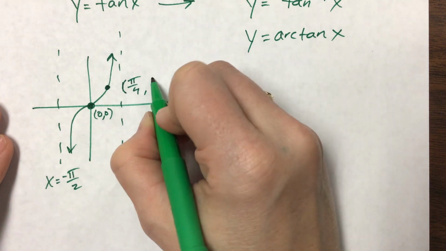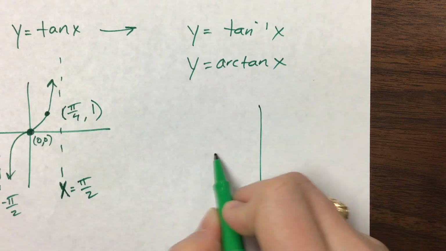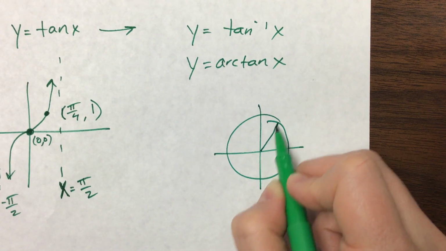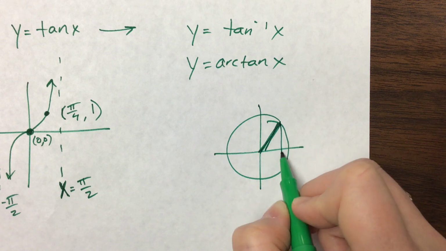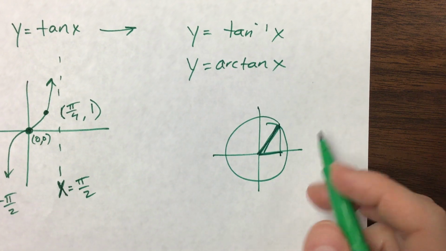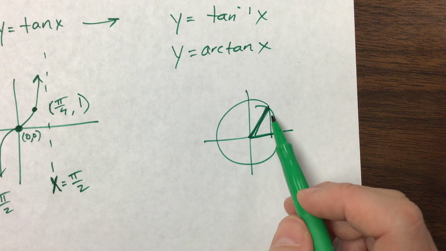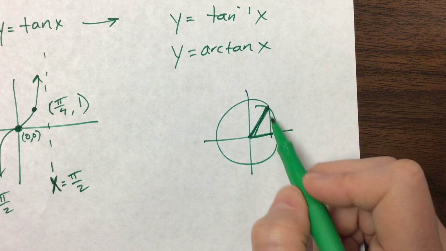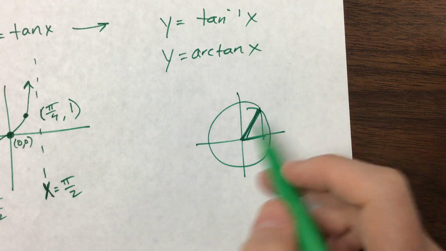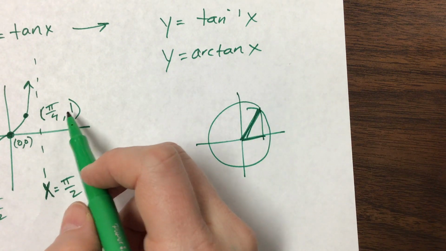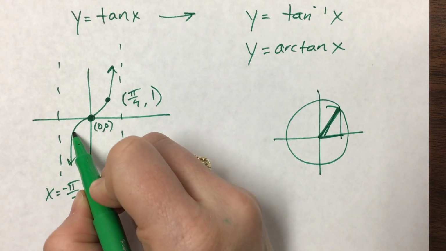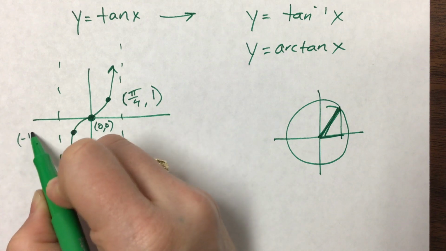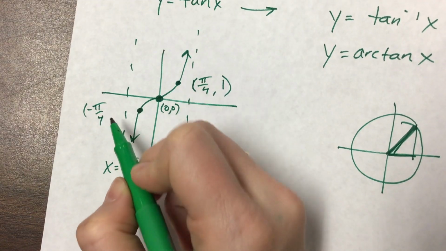Tangent of pi over 4 is 1. And if you remember, tangent on my unit circle tells us the slope of that line because it's y over x. Hopefully that is something that you're familiar with. So with pi over 4, this y value and this x value are the same, so its slope is 1. We also have over here a point negative pi over 4, negative 1.